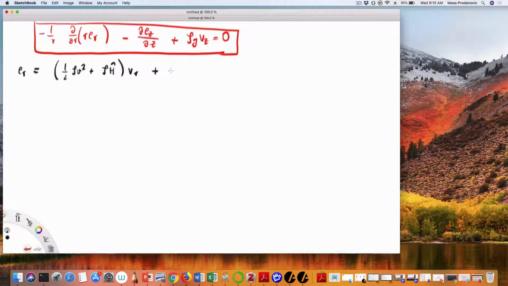Plus tau dot V, the R component is tau R R VR plus tau R theta V theta plus tau R Z VZ. It's essentially, tau dot V is multiplication of a matrix representing the stress tensor and the vector representing velocity. So I just go and look at the appropriate row.